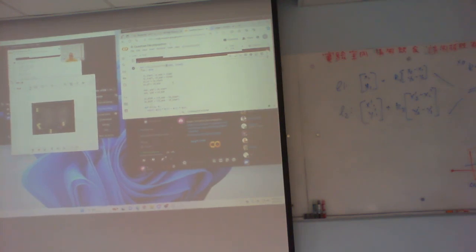Line 1, so 4 numbers. L2 start, L1 start. I figured that one out, that I need to convert them into NumPy arrays.